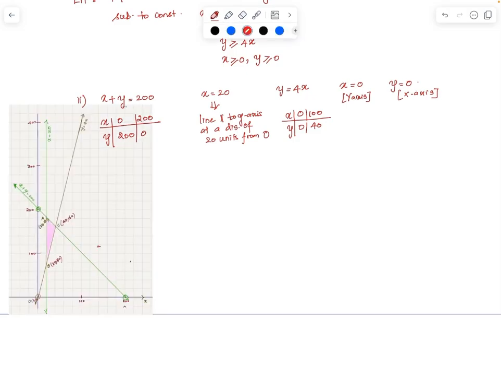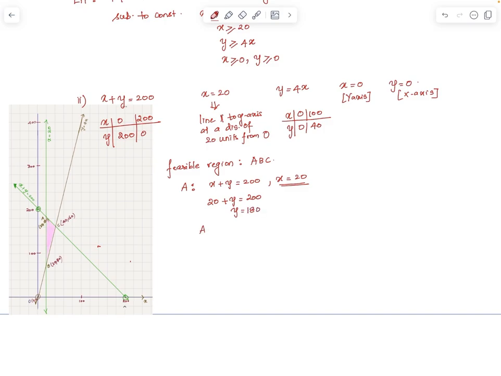This is a graph which I have done already. From the graph, we understand that the feasible region is ABC. A is the intersection of two lines x plus y equal to 200 and x equal to 20. Substituting x equal to 20 in the equation x plus y equal to 200, we get y as 180.